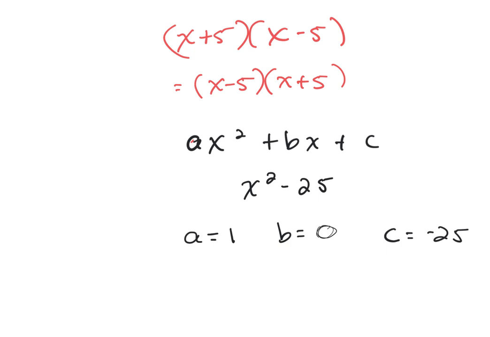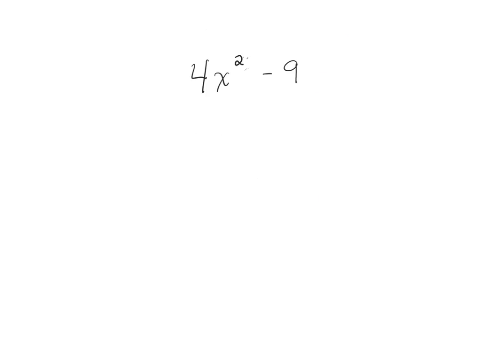But what if a is greater than 1? So for example, a is greater than 1 here, right? A is 4, b is 0, c is negative 9. And we have a difference of squares. We want to look at the 4x squared and say, what was squared? Well, what was squared here is a 2x. What was squared here?